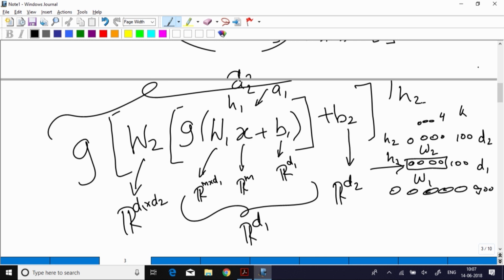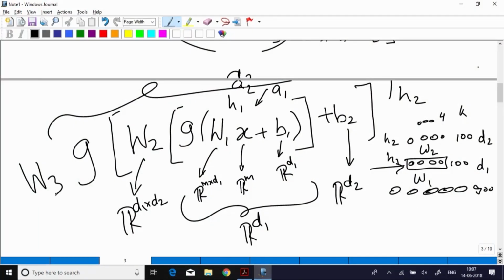Now from where do I need to go? Output layer. So what will I do first? Multiply this by W3 and add B3. And then what will I do to that? For the output layer, we are calling it the output function, O. Everyone gets this now? What are the dimensions of W3?